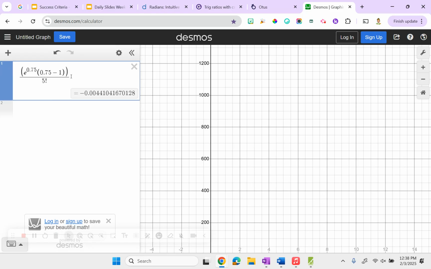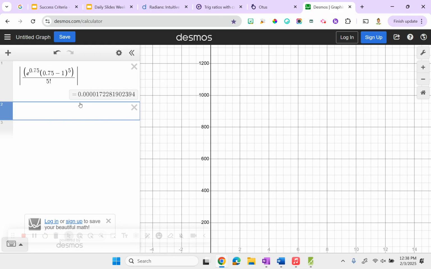We're now switching it to 1. And then this whole thing goes to the 5th power. But I also have to put it in absolute values, which I did not do. There we go. So 0.00001. I think I just typed something wrong. I think our 0 would have probably been fine. Yeah, our 0 was fine from before.